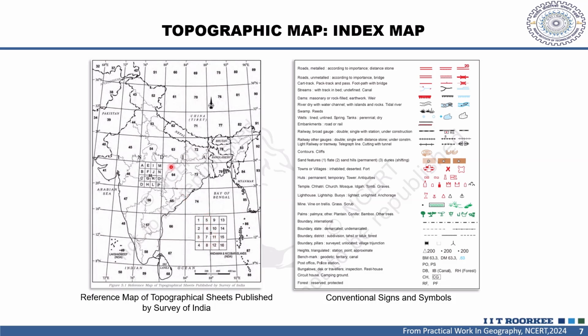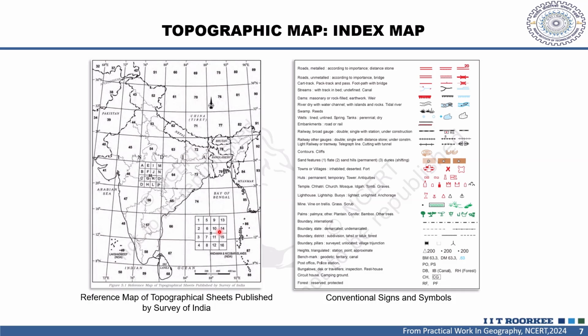For example, suppose we have to find 55D7. 55 is here, and when the 55 grid is divided into subgrids, D is here. If we zoom into D, you can see the numbers 1 to 16 here. I was asking for 55D7, so D7 means this subgrid I am talking about.